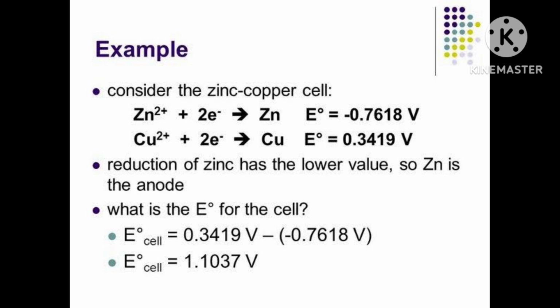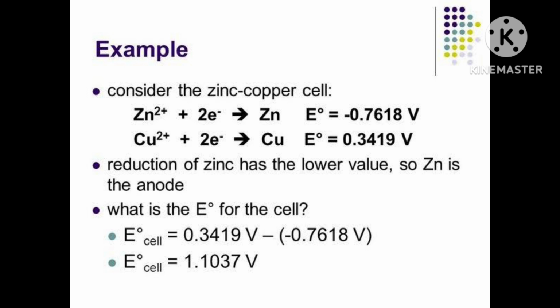Electrical work done per second is equal to electrical potential into total charge passed, meaning multiplication. Simple formula: electrical work done is equal to potential into total charge passed.